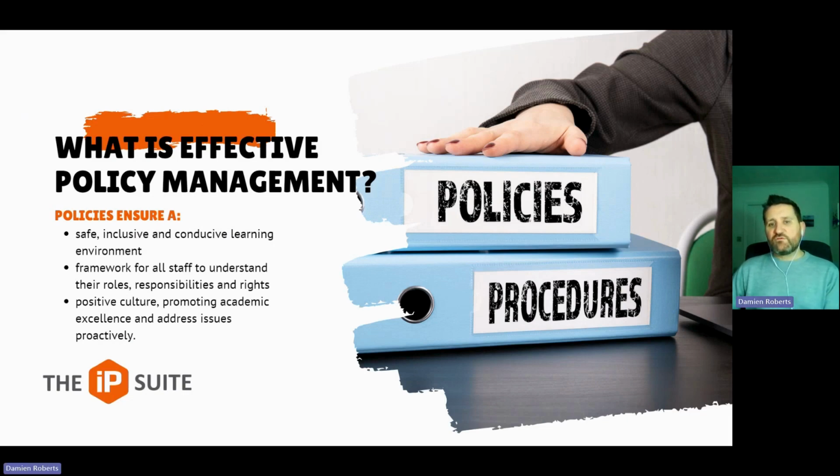When implemented thoughtfully, school and college policies can foster a positive school culture, promote academic excellence, and address issues proactively. In this webinar, we will explore the key elements of effective policy management in schools and colleges and discuss how they contribute to the overall success of educational institutions.